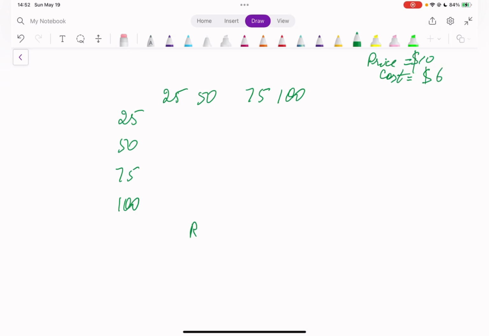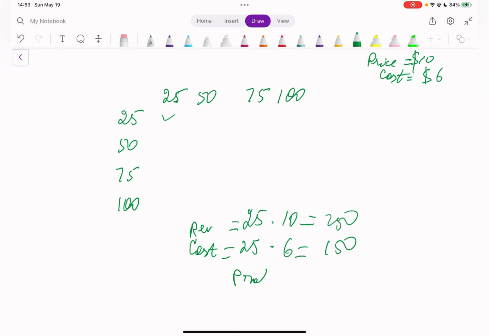Okay, so revenue for this one, demand 25, supply 25, all is good. 25 times 10 is 250. Cost is 25 times 6, it's 150. So profit is going to be $100.